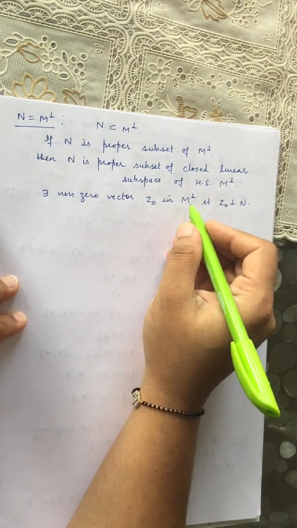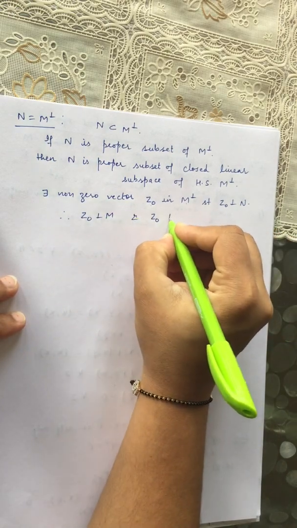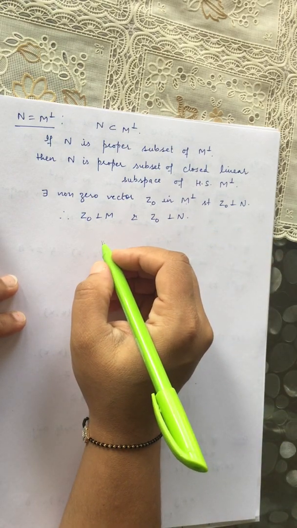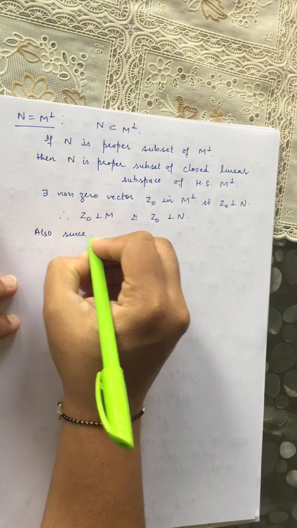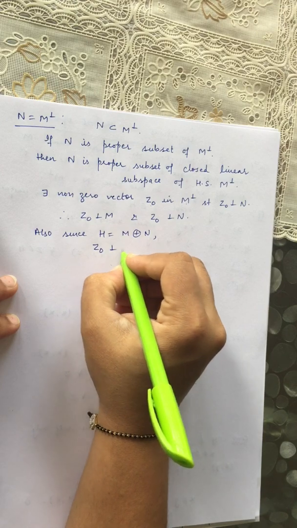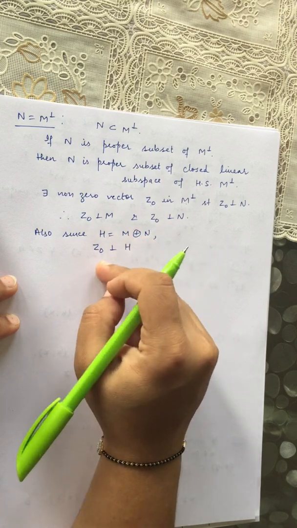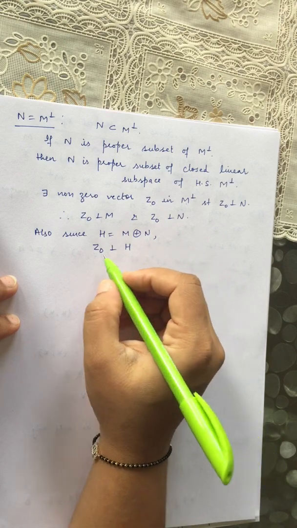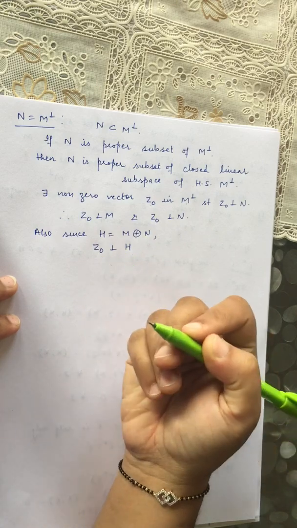Now z0 belongs to M perp, so z0 is perpendicular to M also, and z0 is perpendicular to N. But we know M and N have only the zero vector in common, since H is the direct sum of M and N. Also, since H is the direct sum of M and N, z0 is perpendicular to H, because if it is perpendicular to M and N both and H is the direct sum, it is perpendicular to H. So this is impossible, because there does not exist any non-zero vector which is perpendicular to the whole of the space.